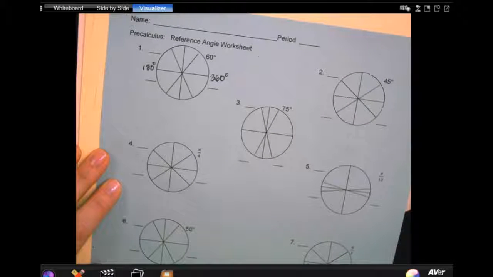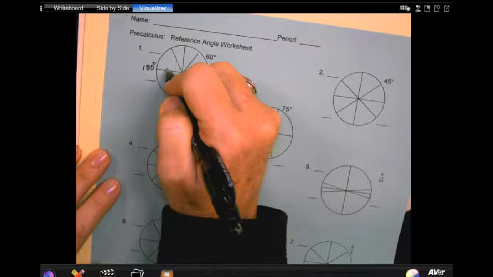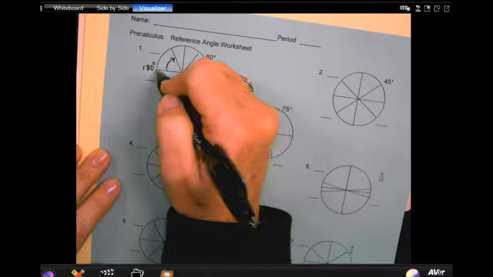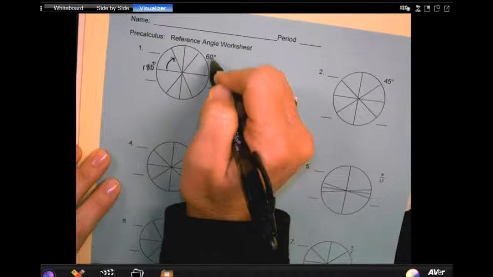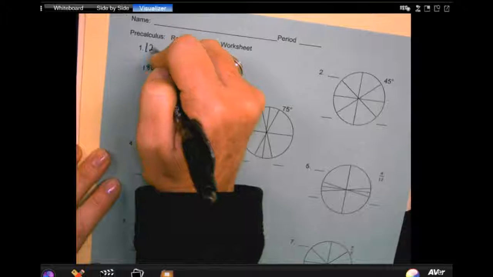And the reference angle is the distance back to the x-axis, the smallest or the acute angle back to the x-axis. So the first one is 60. So to get here from the x-axis, I'm going to take 180 minus the 60. So this is a subtraction, and this gives me 120.